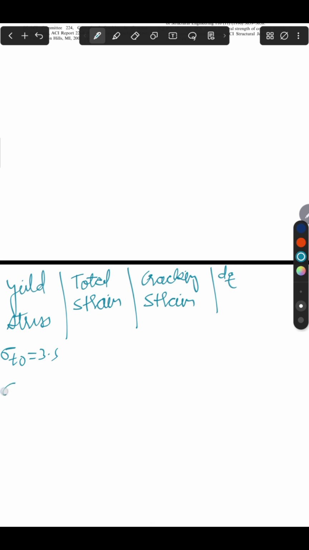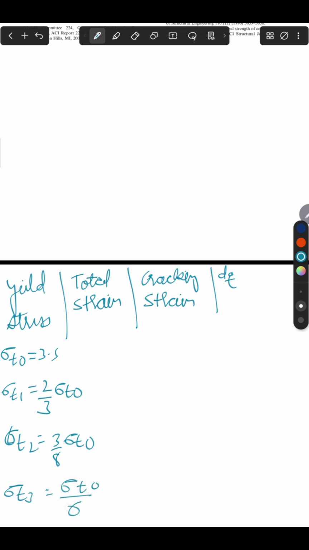Second value, sigma T1 will be 2 by 3 times of sigma T naught. Sigma T2 will be 3 by 8 times of sigma T naught, and last sigma T3 will be our sigma T naught by 6.